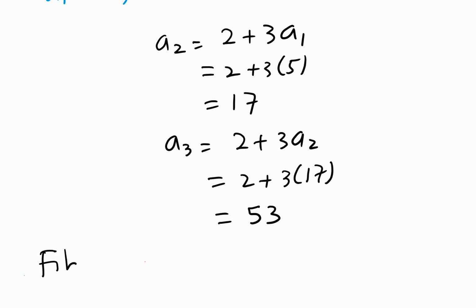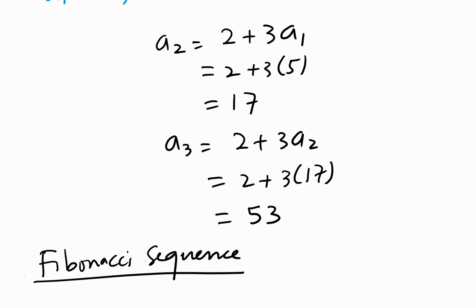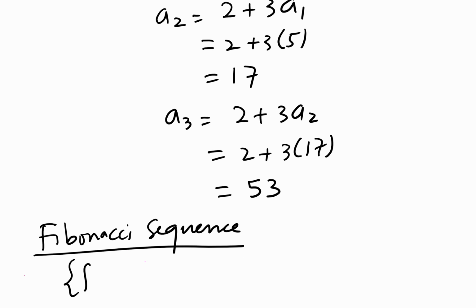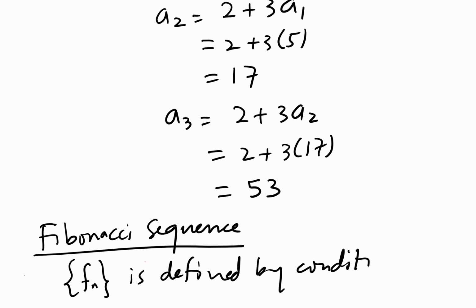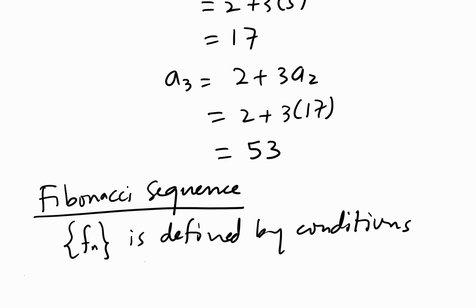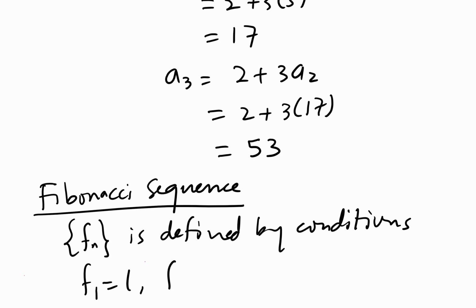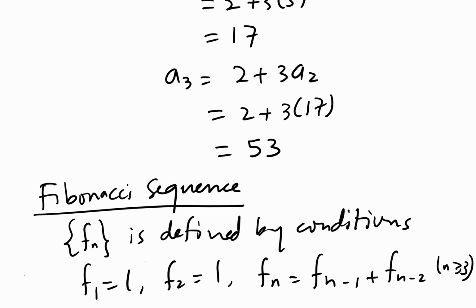Fibonacci is defined, you can say a_n or f_n, by the conditions f_1 is 1, f_2 is 1, and f_n is f_(n-1) plus f_(n-2) for n bigger than or equal to 3. That's called the Fibonacci sequence. They give you the first two terms, not just the first one.